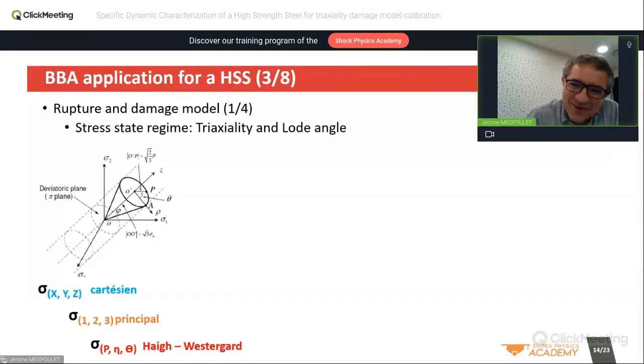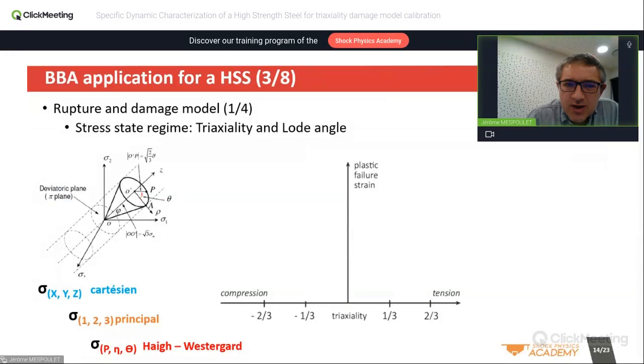So we speak about triaxiality because the triaxiality will enter in the definition of the plastic failure strain. If you look at this graph, you see on the abscissa the triaxiality, the compression. We have some indication between minus 2/3 in the compression direction and plus 2/3 in the tension on the right, and you have the value of the plastic failure strain.